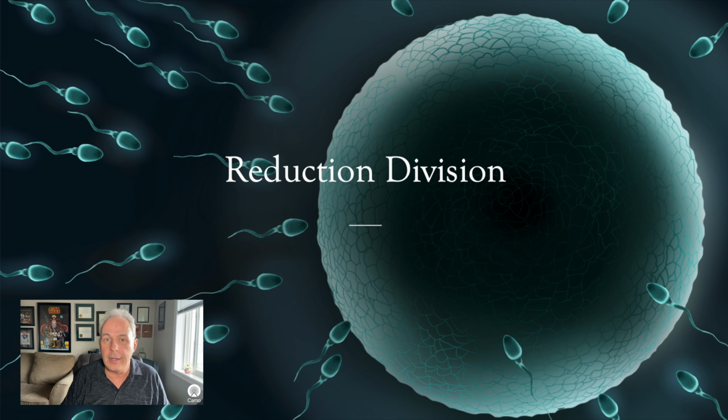See, there's crossing over and independent assortment, both happening in meiosis, and fertilization. So know how meiosis and mitosis are similar and how they're different, and don't fall into that trap of diploid cells divide by mitosis and haploid cells divide by meiosis. None of that is correct.